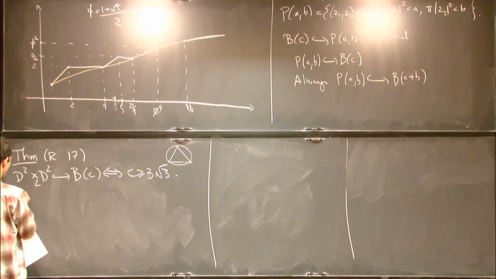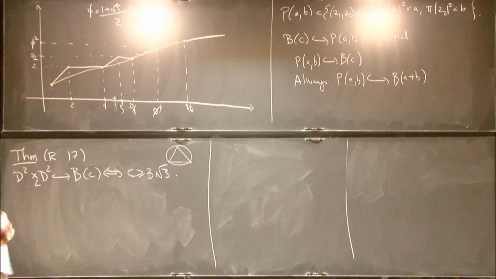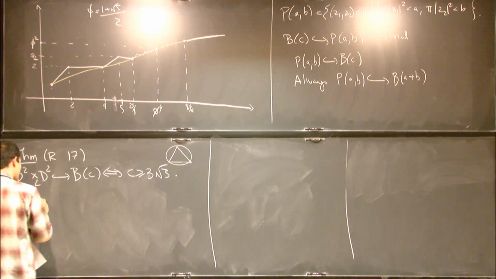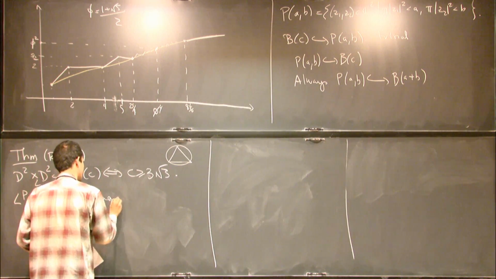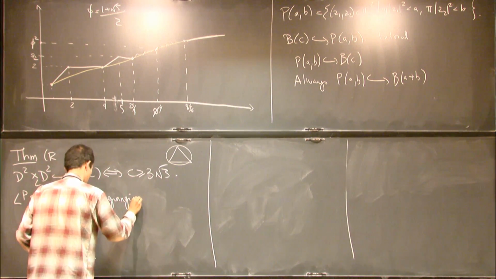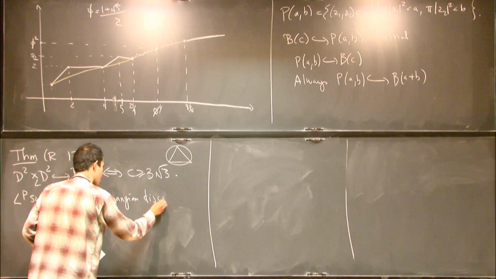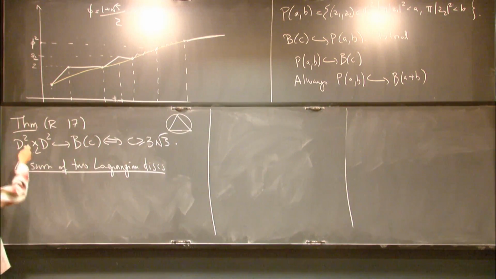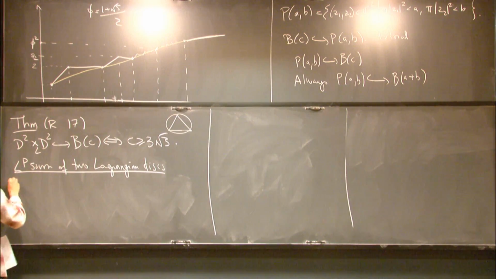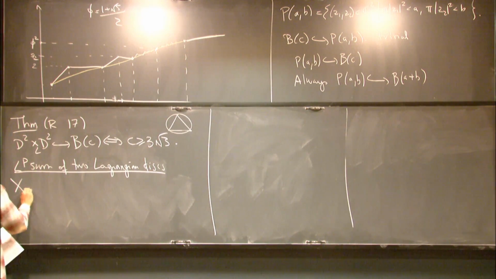So what we were looking at is basically perturbations of this product, which we call LP sums of disks. So the LP sum of two Lagrangian disks. You consider, this would be the L infinity sum, but the LP sum is what I'm going to call XP.